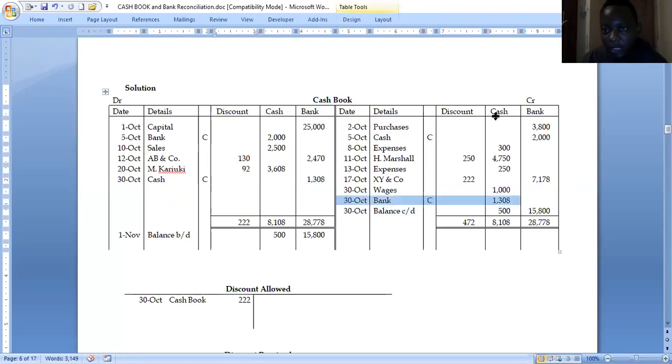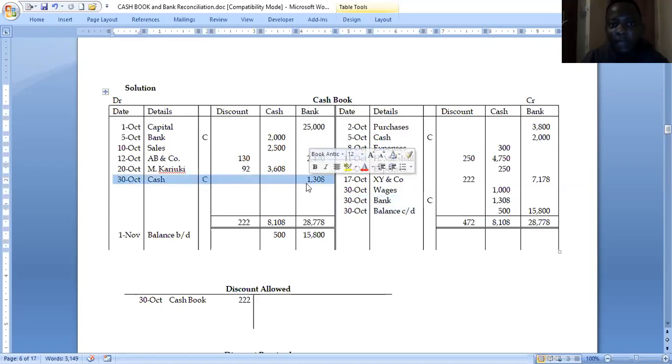You can see in the bank column, we credit 1308, and then we debit 1308 in the bank column. So we credit cash account by 1308, take it to the bank, and then we debit bank account here in the bank column 1308. This is another contra entry as indicated with the letter C. And then we are left with a balance of cash in hand of 500 shillings.